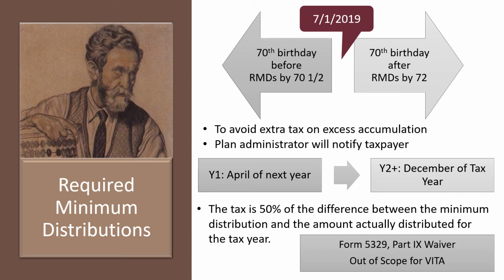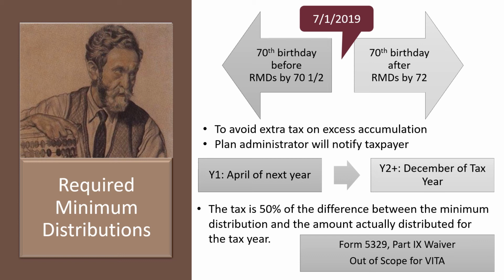For taxpayers who reach their 70th birthday before July 1st of 2019, they had to start taking their RMDs out by the age of 70 and a half. So they should have already started. If their birth date was after July 1st of 2019, then they would start taking their RMDs out by age 72.